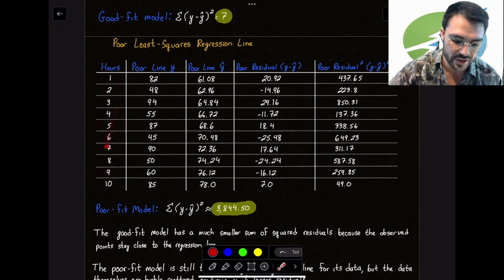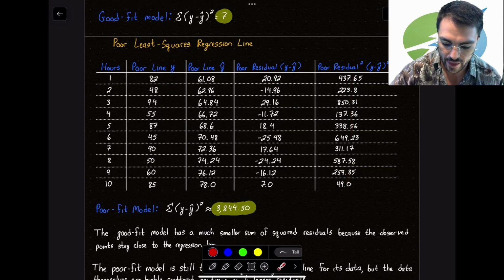These are our X values. These are the Y values for each one of the points. And then these are the Y values at the X of our line. So we take the difference of the two and we square them, and then we add them all up, and we see this number is huge, 3,844.